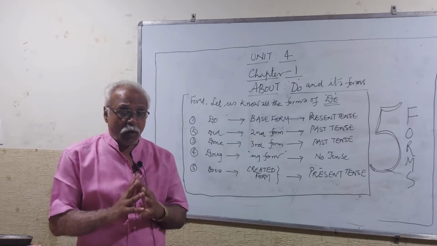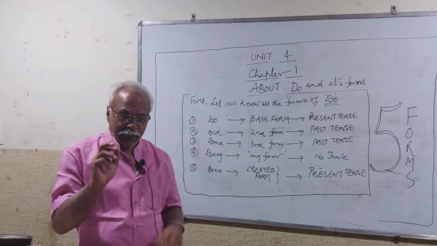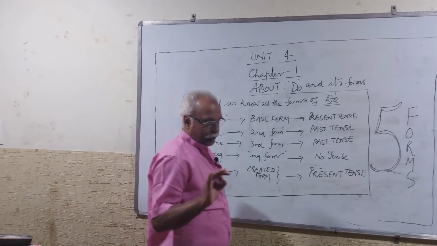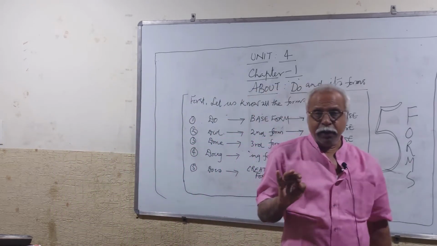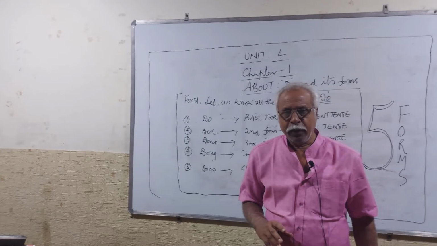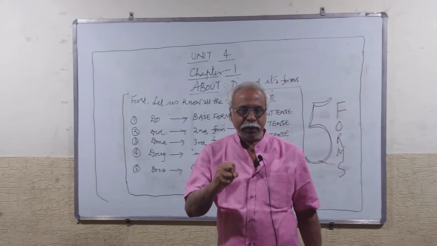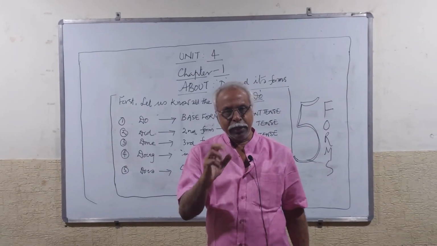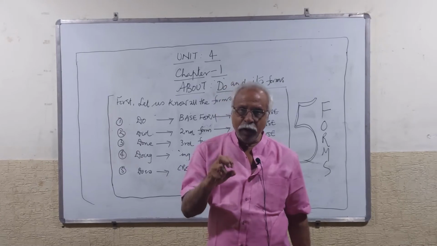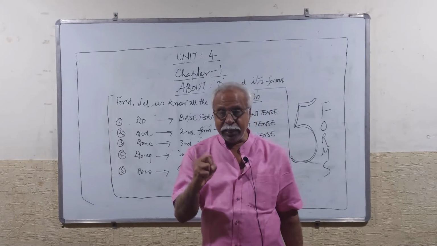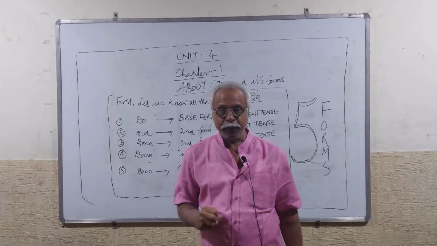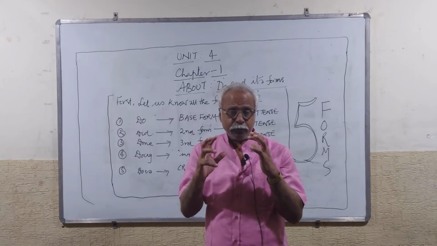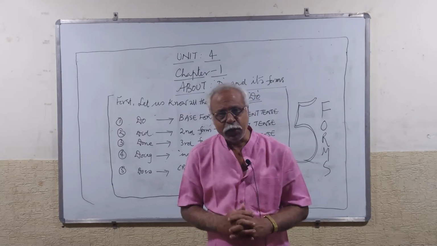can do magic with the language. Any learner of English, if he is proficient, if he is master in using do and its forms, have and its forms, and get and its forms, he'll be able to speak very naturally.